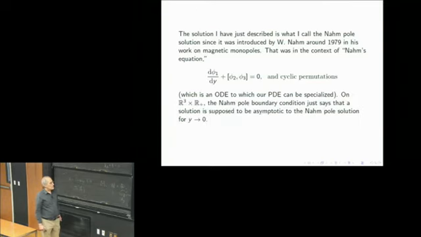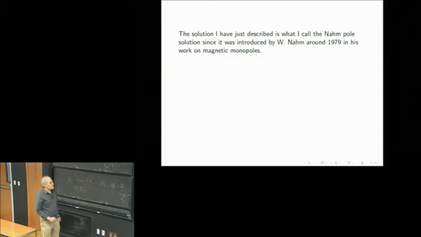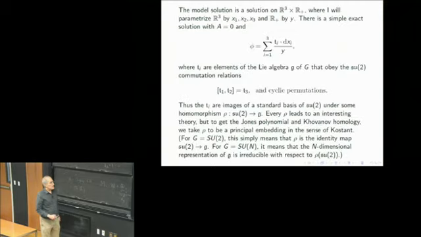And this singular solution of Nahm's equations, precisely this one, was very important in Nahm's work. He didn't write it with the dxi because he didn't have the x's. He just said he had 3 matrices phi I. I mean, the way Nahm would have written it was just that phi I of y is ti over y.